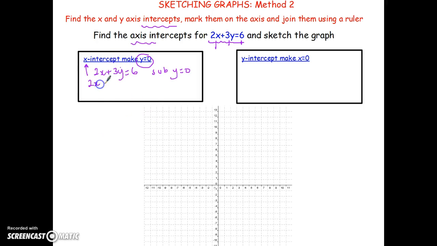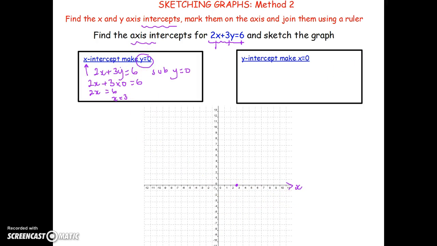So 2x plus 3 zeros equals 6. 2x, now 3 lots of 0 is just 0, so I don't even need to write that. 2x equals 6. 2 times some number equals 6. I know that that number has to equal 3. So my x-intercept is down here at x equals 3, remembering this is the x-axis, of course.